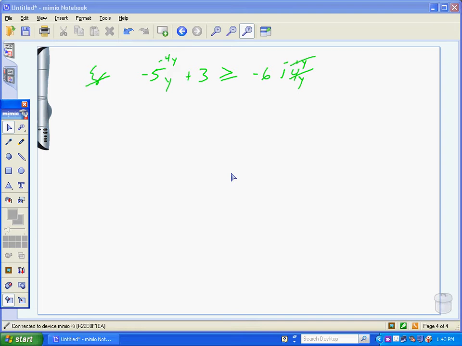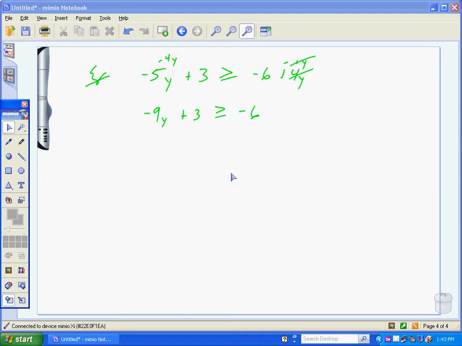Now, remember in your head, hey, we can minus and add all we want across an inequality sign. Hear me on that. If we are adding and subtracting across an inequality sign, we can do it all we want. Listen. So negative 5y minus 4y is negative 9y plus 3 is greater than or equal to negative 6 because our 4y's cancel. Okay? Let's keep going now.